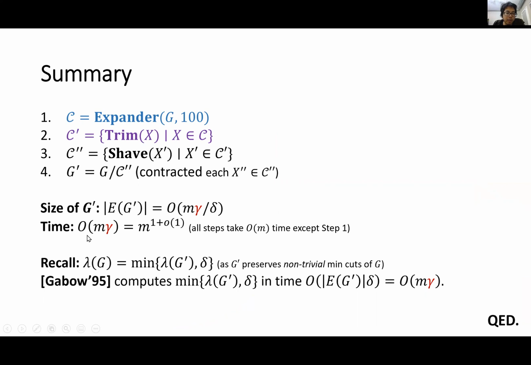The time to compute it is just around linear because, except for the first step of expander decomposition, the other steps are just linear time. It's so trivial. And because G prime preserves non-trivial min cuts, we have this equality, and Gabow's algorithm can compute exactly this in this time, and that gives us almost linear time.